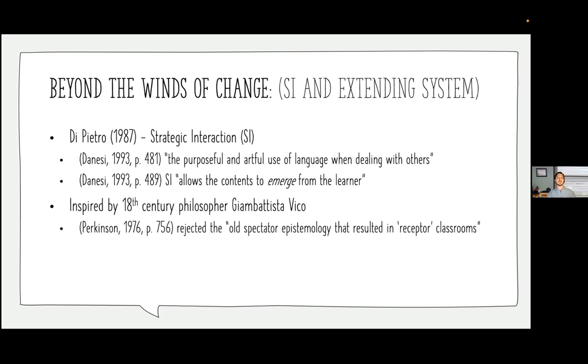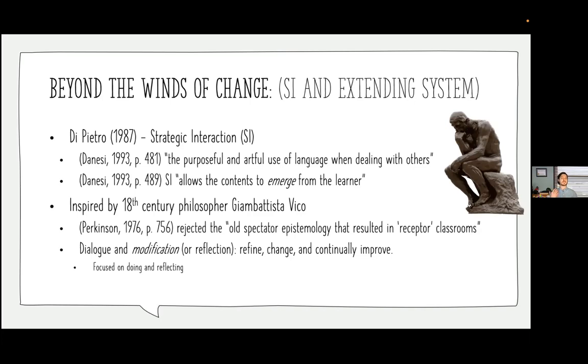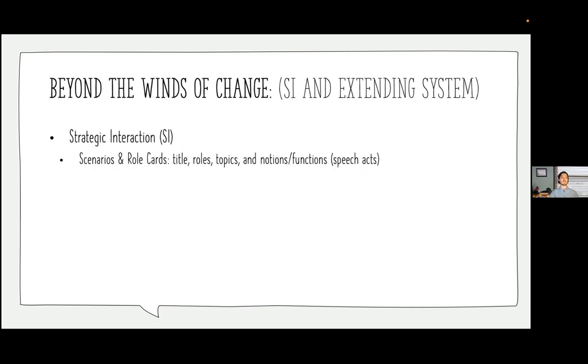This is based on the philosophy of Vico, and this predates our 19th century German guy from the 18th century, rejecting the old spectator epistemology that resulted in the receptor classrooms. So if you think of students just sitting and listening and then isolating themselves and using their own ideas to solve problems, well, it rejects this and it says we need dialogue and modification. Here you can read reflection, refine, change, and continually improve. It's focused on doing and reflecting.